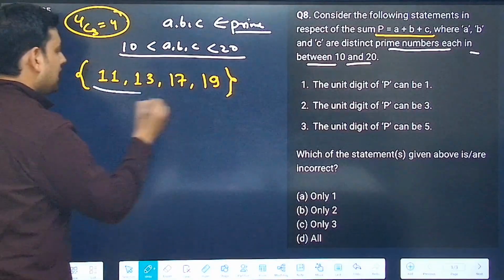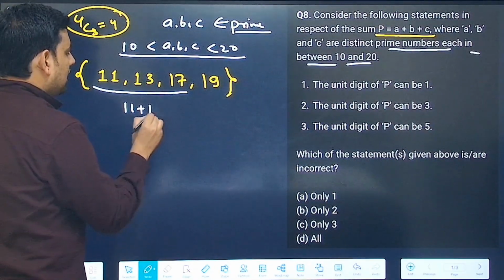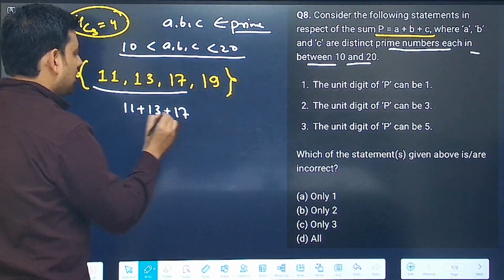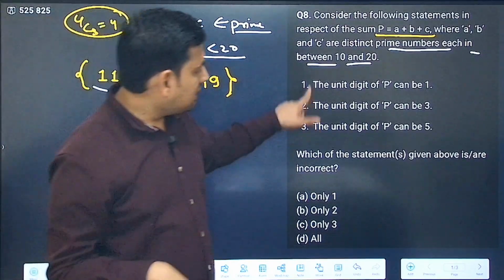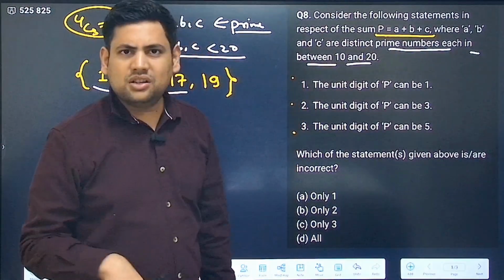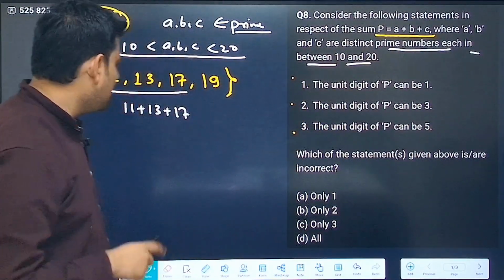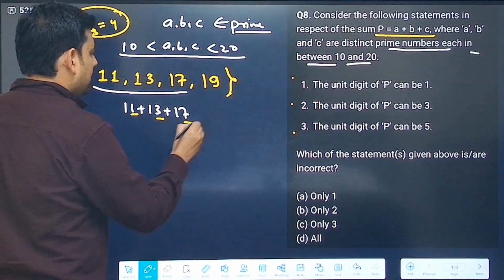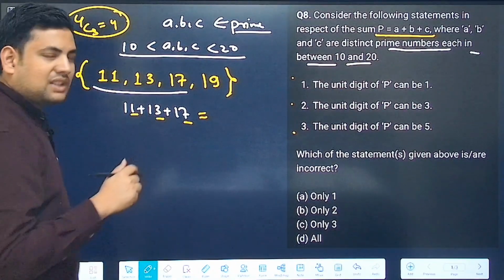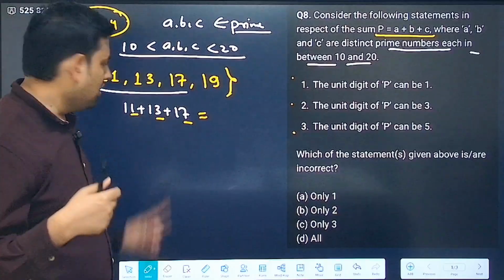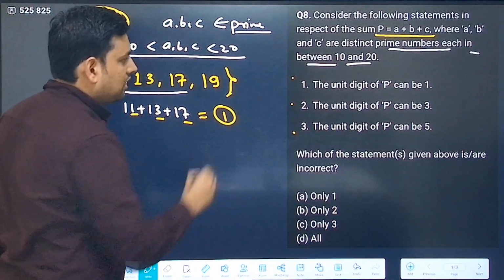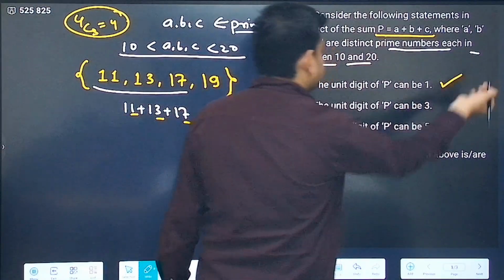First let's say I leave out 19, so this becomes 11 plus 13 plus 17. But focus that all the statements are only about unit digit, so I only care about unit digit. Now 1 plus 3 plus 7, what is the unit digit? 3 plus 7 is 10, that is 0. 0 plus 1, so unit digit is 1. So 1 is possible, yes.